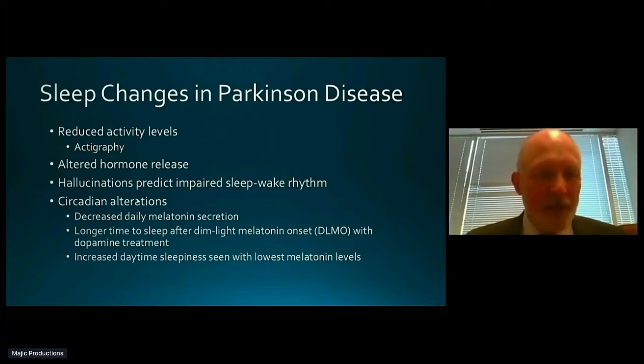There's a lot of circadian alterations in Parkinson's disease. There's less melatonin secretion, which obviously affects it. So whatever pathway that is impaired, you don't get as much melatonin. There's a longer time that it takes to sleep after dim light melatonin onset with dopamine treatment. So actually the meds we use can influence this as well. Now, your dim light melatonin is something that everybody has some experience with. If you've ever been camping, the sun goes down, it's usually about an hour and a half before you get sleepy.